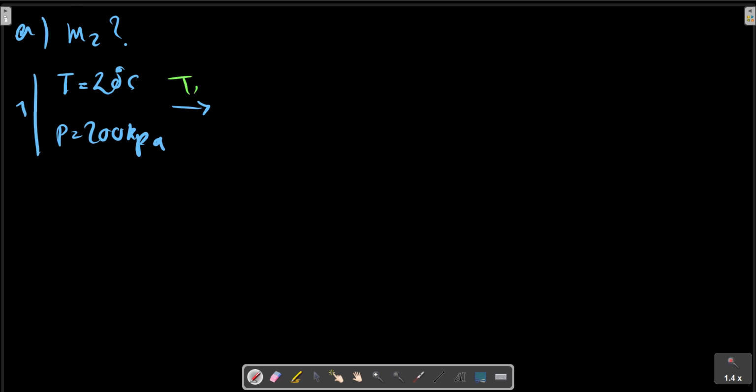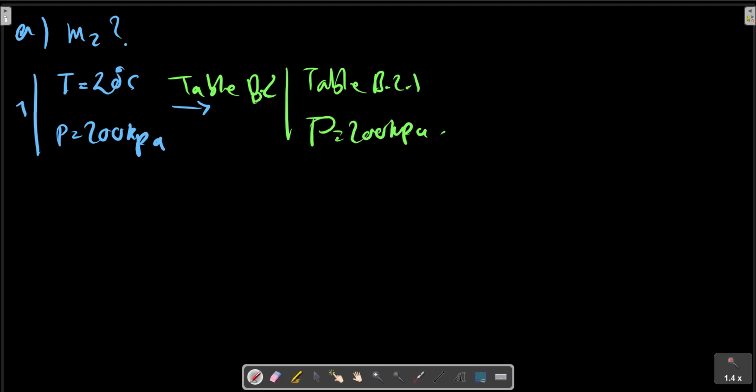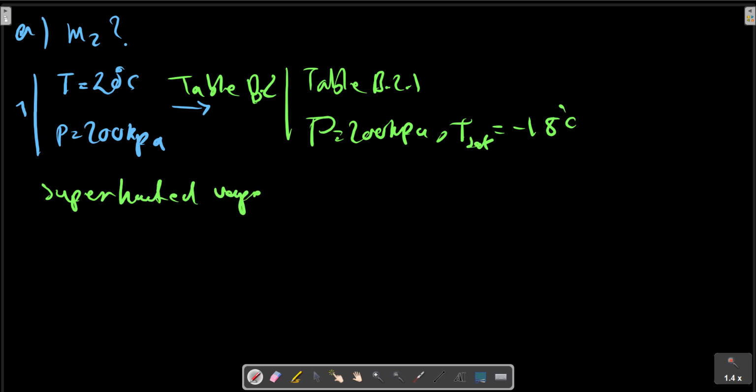Table B.2.1. First check for pressure, temperature, saturated temperature is about, so we have superheated vapor at state 1.